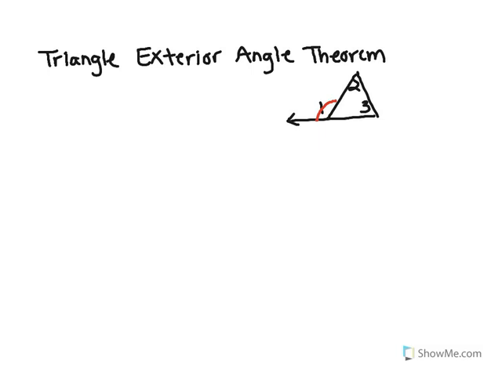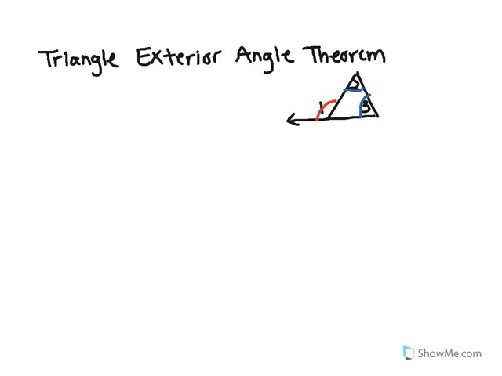Now, for every exterior angle there are two remote interior angles that go with it. And they're the angles that don't touch or are near that exterior angle at all. So there's a direct relationship between the measure of the exterior angle and the two remote interior angles.